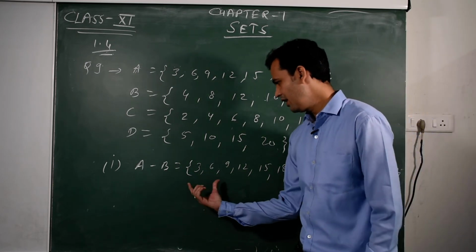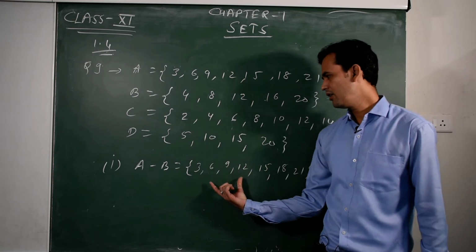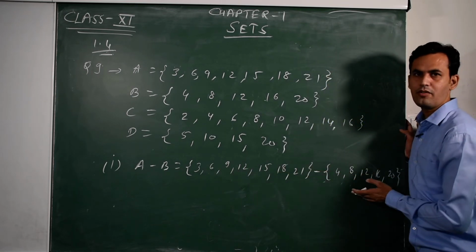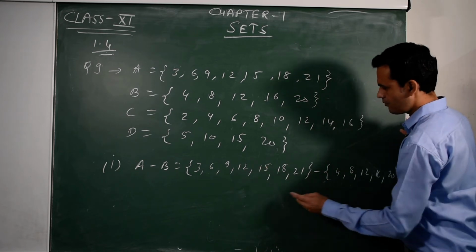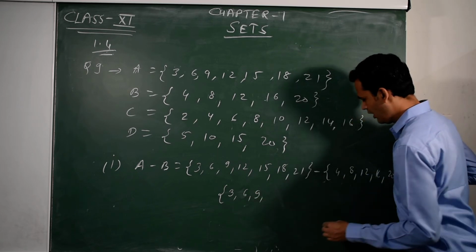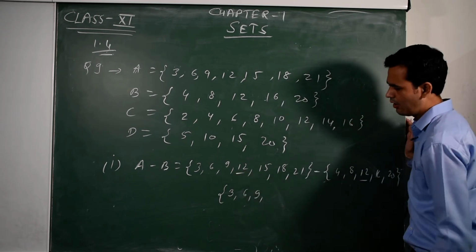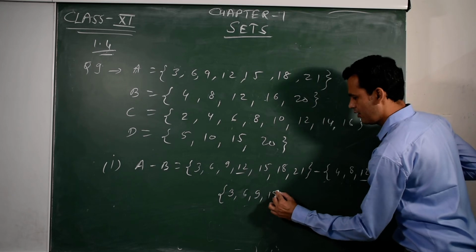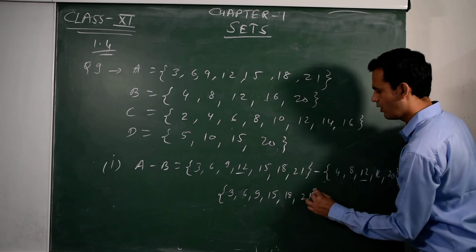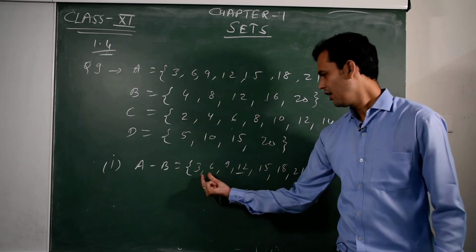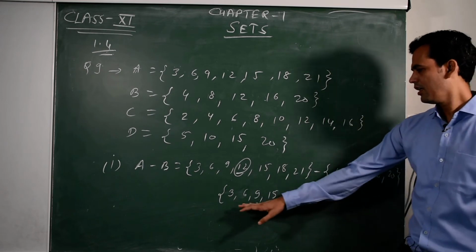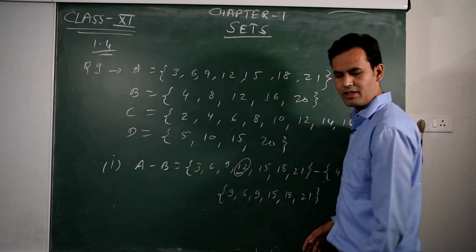So A minus B is the set of all elements of set A excluding the common elements of A and B. It means we write it as 3, 6, 9, 12 is common in both, so we remove it. Then 15, then 18 and then 21. So elements of set A excluding the element which is common in both. Okay. So this is the A minus B set.